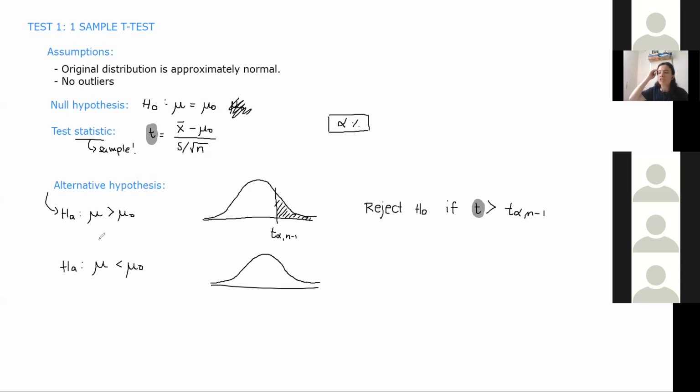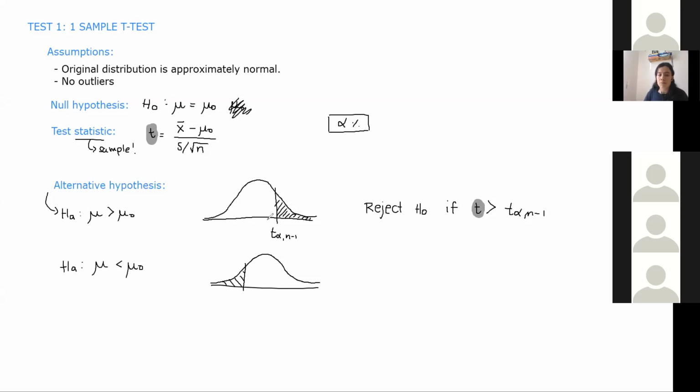So I will reject if I have an extremely, not large, but an extremely small value. If I have a value that is a lot below the value that I'm comparing it to, then I'm going to conclude that the value of the mean cannot possibly have been the same as the original value that I said. So if I have something like this, I'm going to reject my null hypothesis.